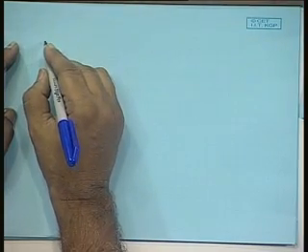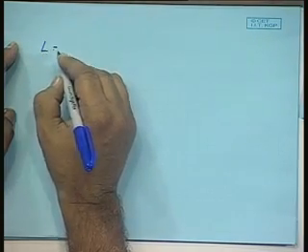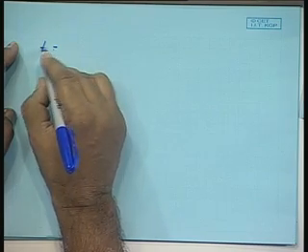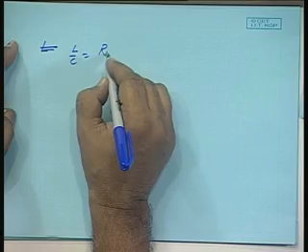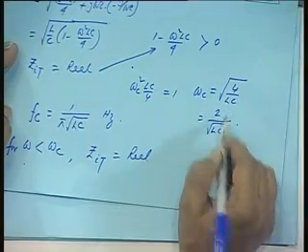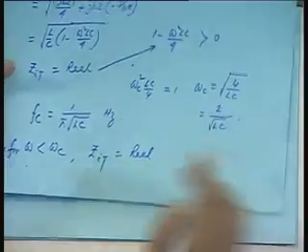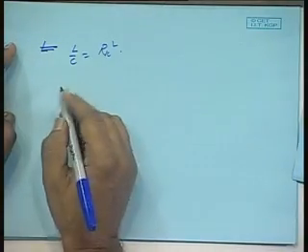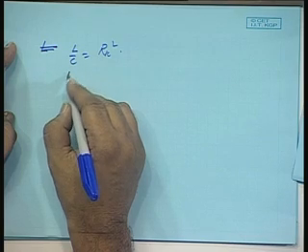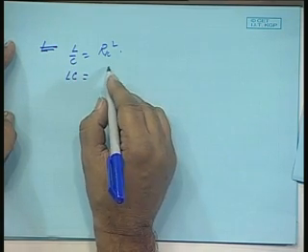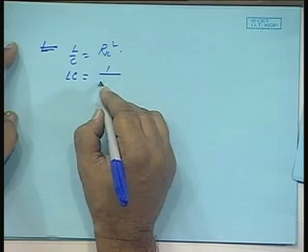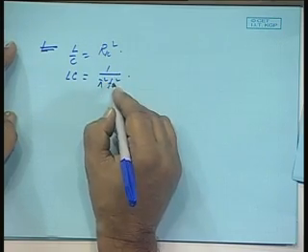And we can write, therefore, you see we had L by C as R k squared, and here we are having L C equal to 1 by pi squared f c squared.